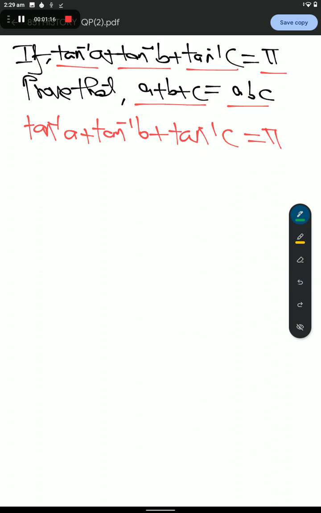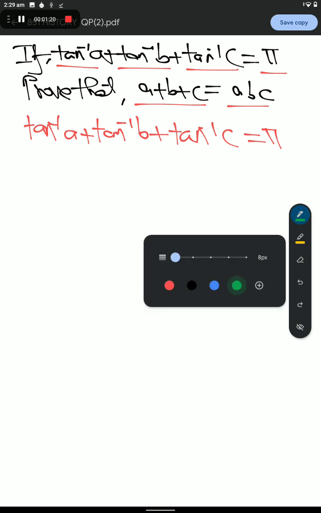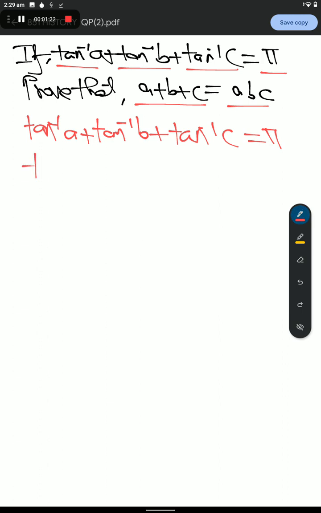So we'll take tan inverse C to the right, but first we write tan inverse A plus tan inverse B. Because it is a plus sign on the left hand side, when it goes to the right hand side it will have a minus sign, so pi minus tan inverse C.